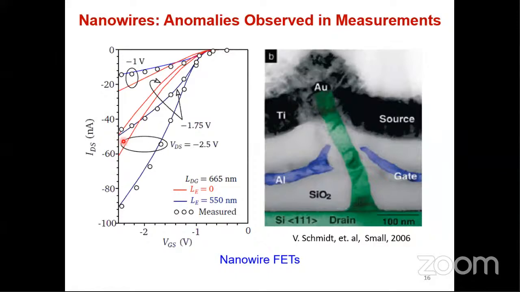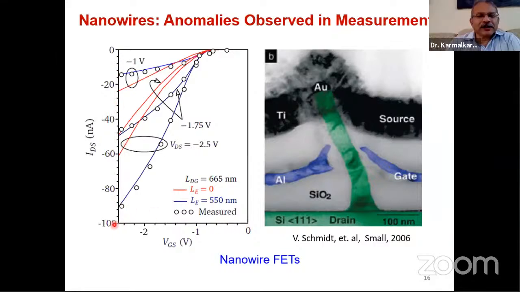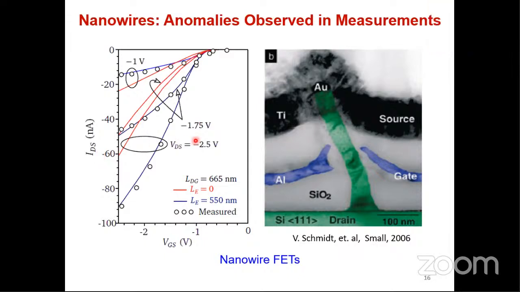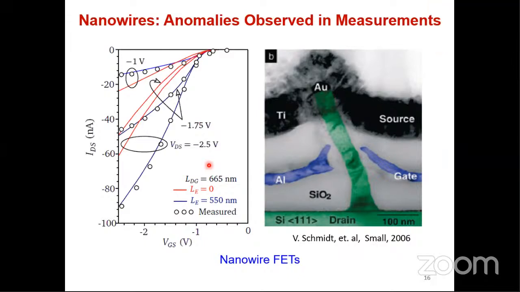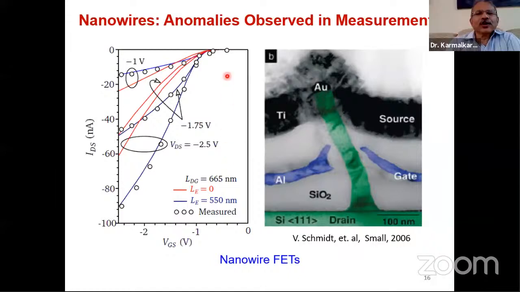That voltage creates a field, which is why it is called the field effect transistor. Shockley gave an equation: drain current is a function of gate to source voltage, just like a parabola. Okay, thank you. So now let's proceed further.